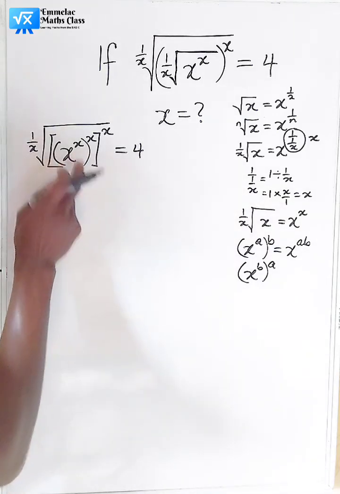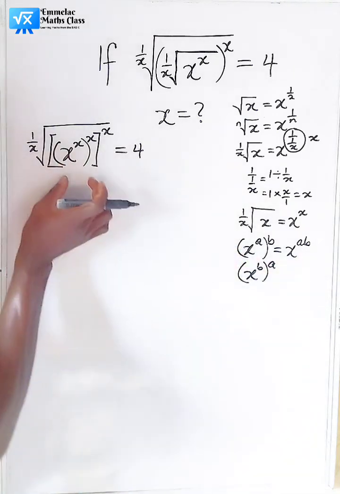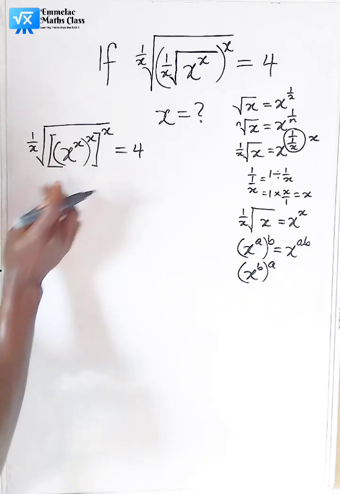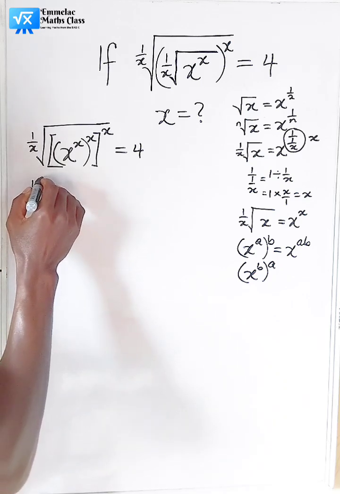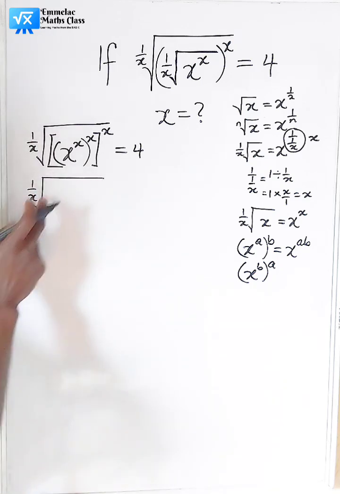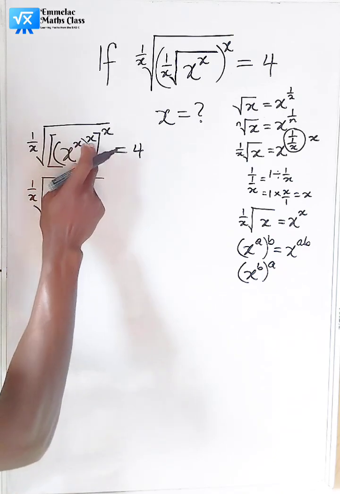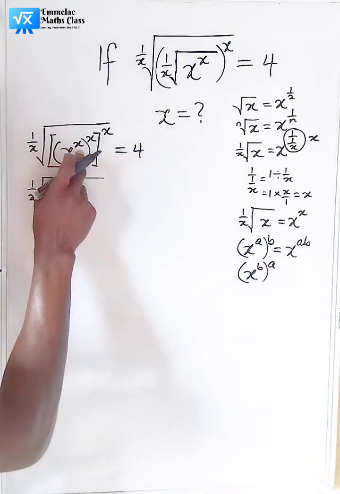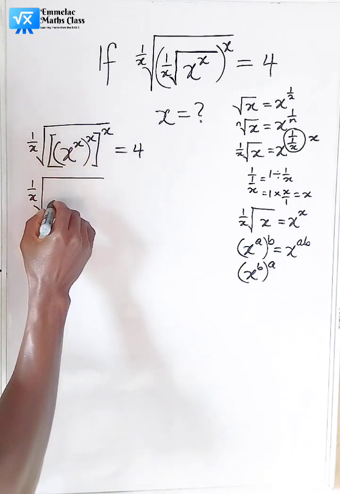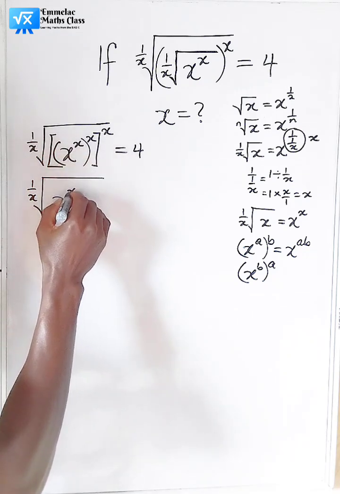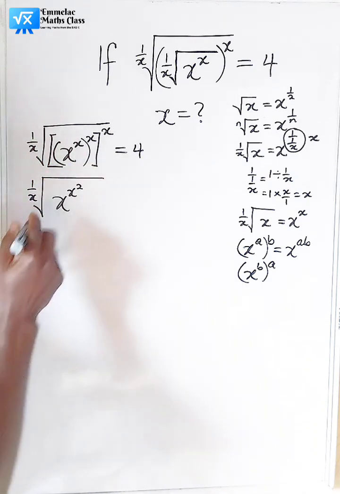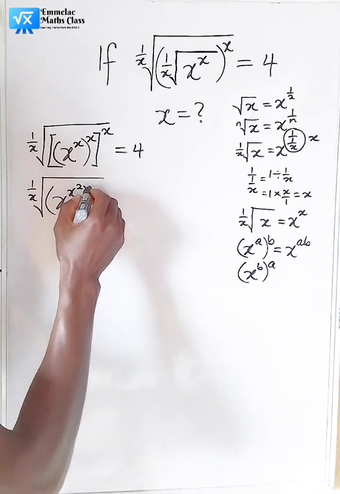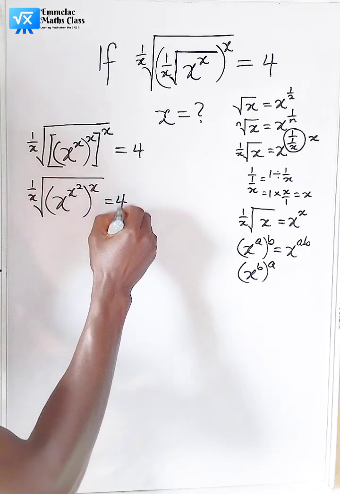Alright, now let us apply this particular rule to this square bracket. Here we have x raised to the power of x, times x, so x raised to the power of 2, because x times x gives us x raised to the power of 2, all raised to the power of x equals 4.